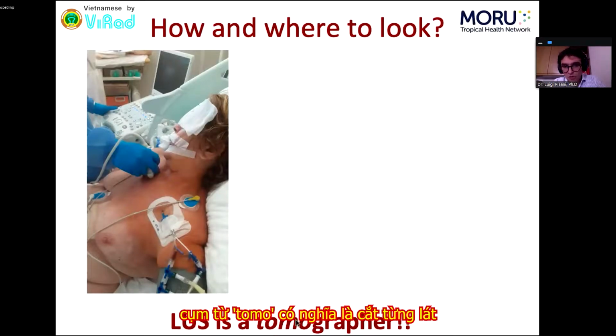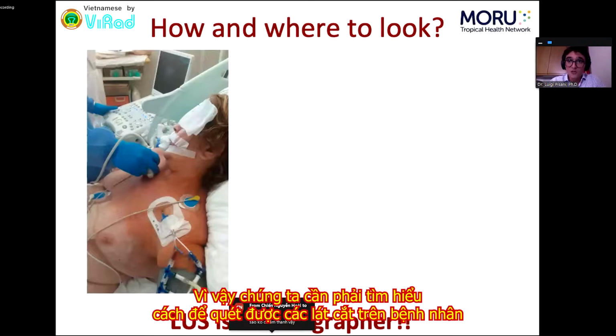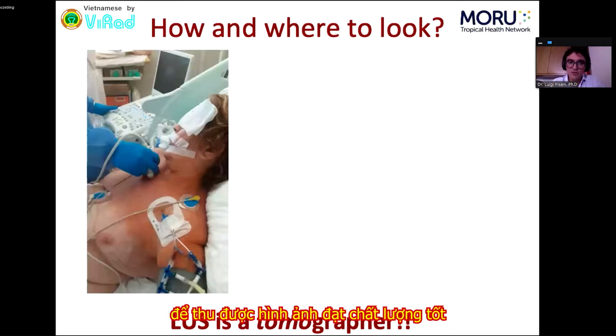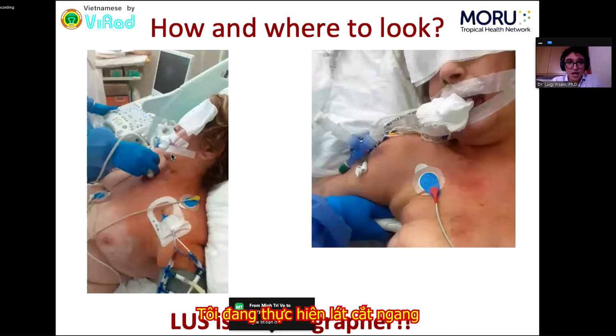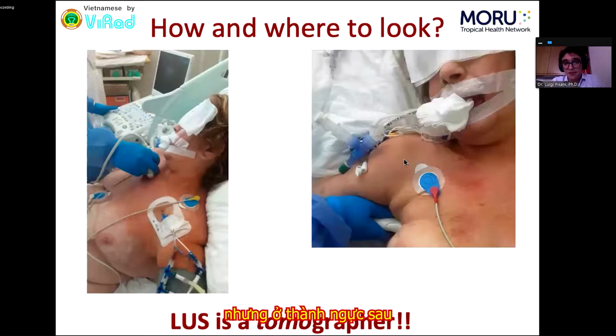The term tomo means to cut. So we need to learn how to cut our patient in order to get good images and interpret them well. For example, in the anterior chest, I am here performing a transversal scan, but in the lateral chest, we will put the probe more oblique.